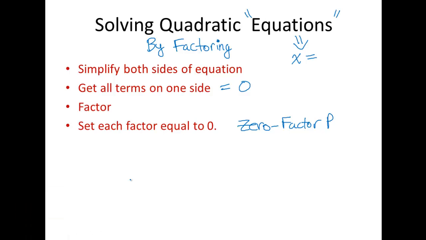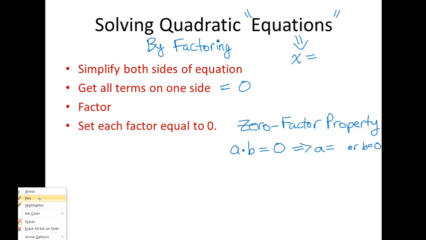So after we factor, we're going to set both of those things equal to 0. For instance, if I have a times b equals 0, then I know that at least one of them has to be 0. And that's how I'm going to solve my quadratic equations by factoring. So let's look at a couple of examples.